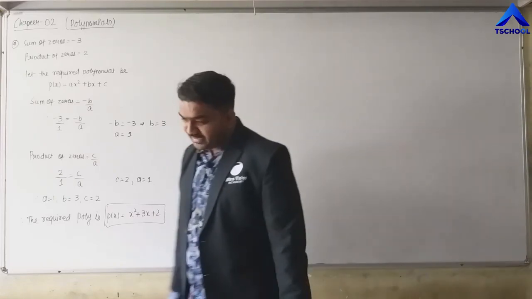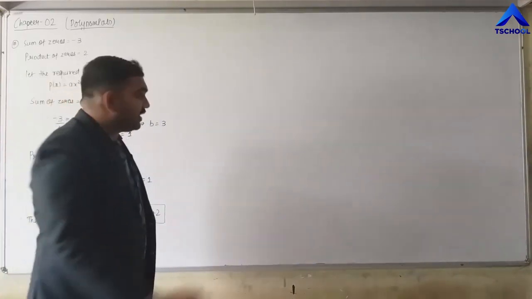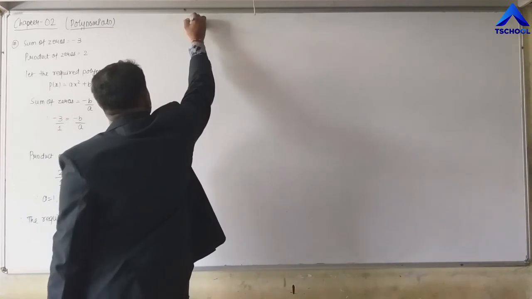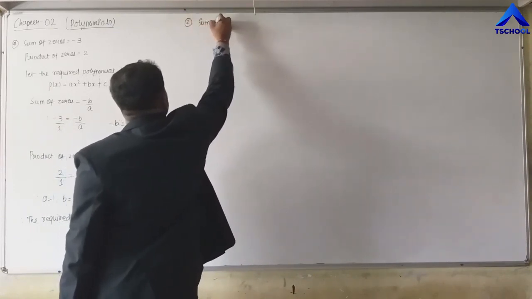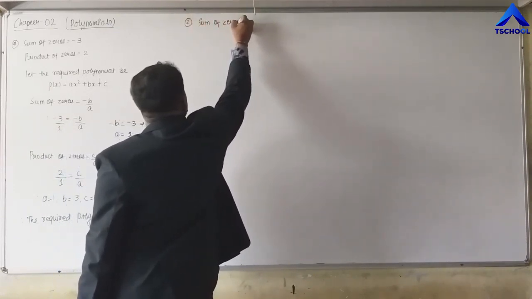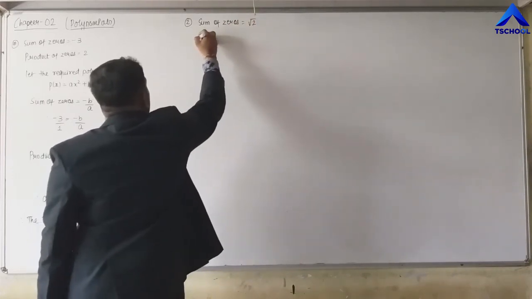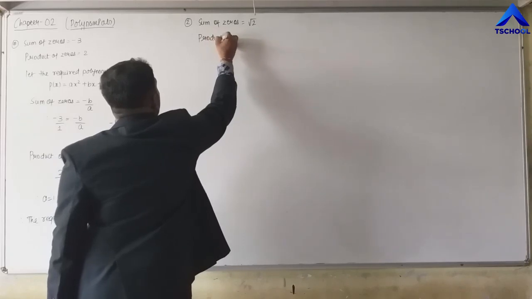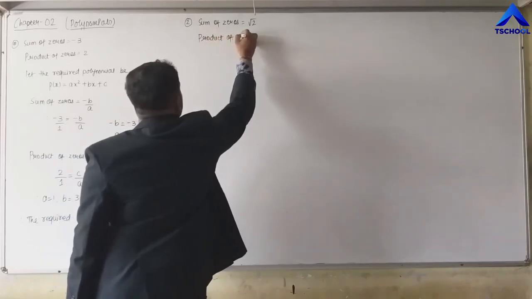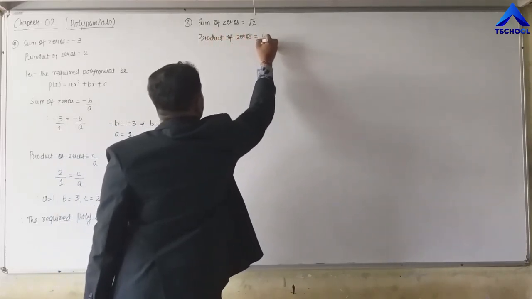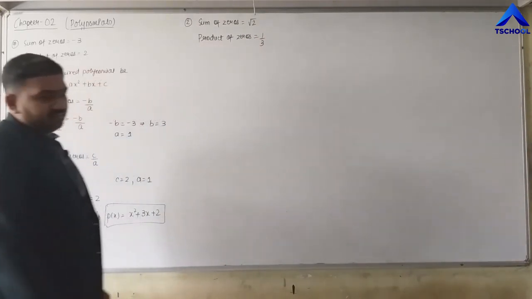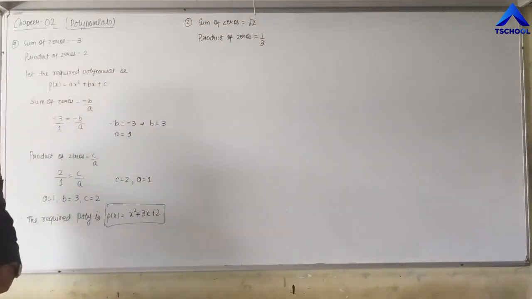I am having some more examples here. Let me say, for example, the second one: the sum of the zeros is root 2 and the product of zeros is 1 upon 3. So again what we shall do?